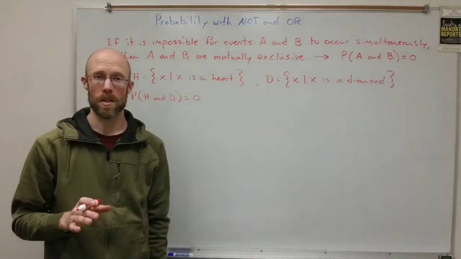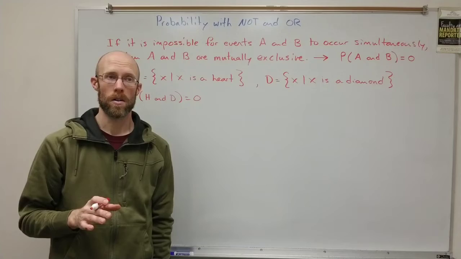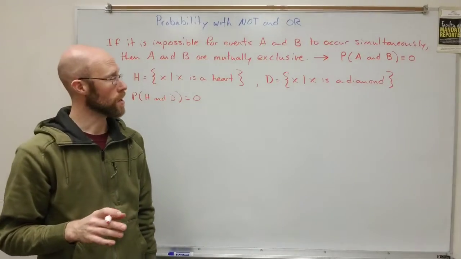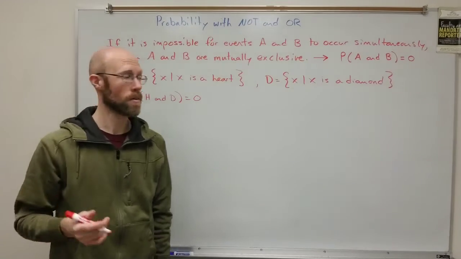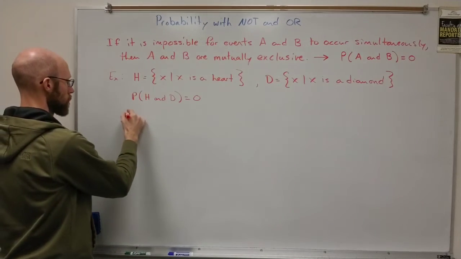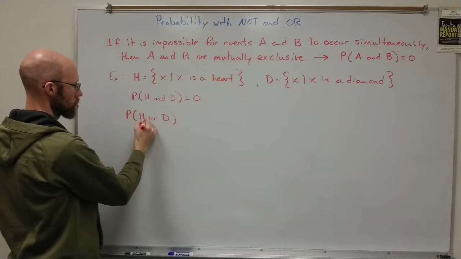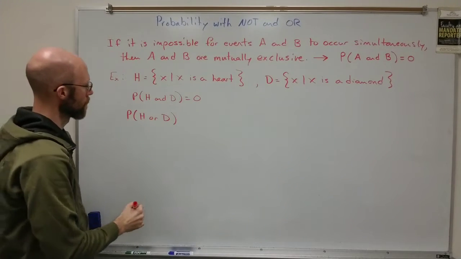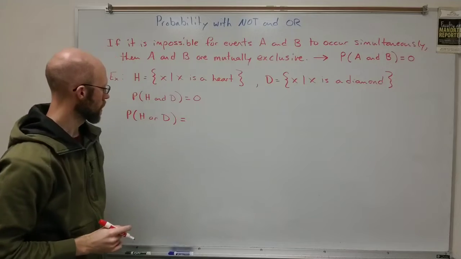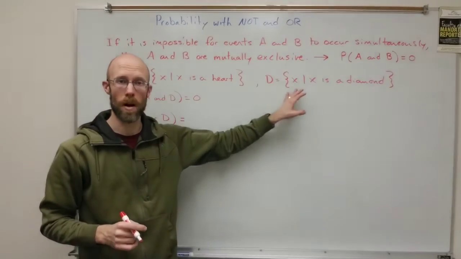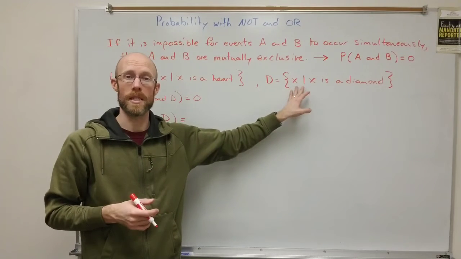But what's interesting is that when you think about one or the other, the probabilities add up. So if you want to look at the probability of H or D, this one's a more interesting one, at least for what we're talking about, it's the probability that H occurs, added to the probability that D occurs.